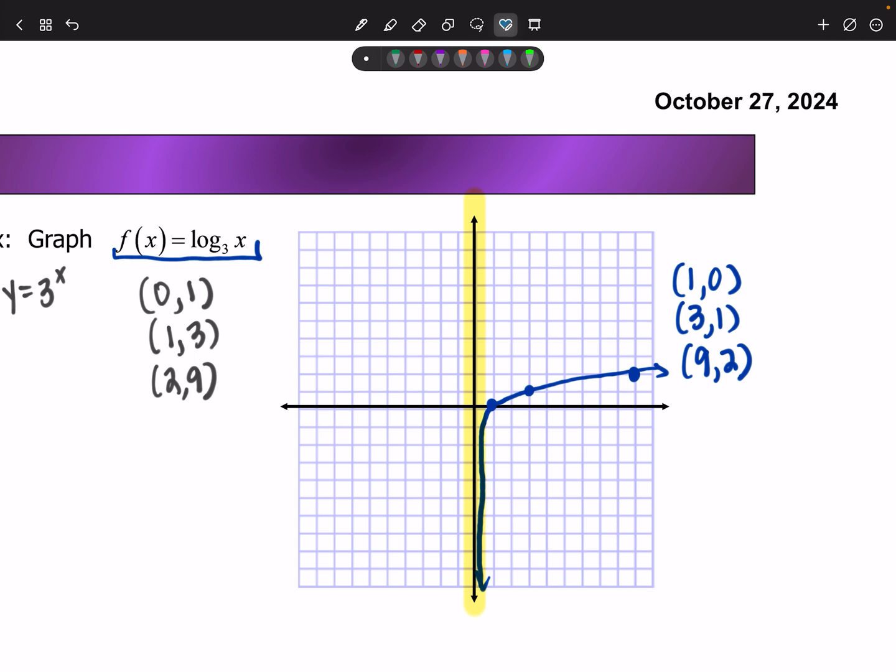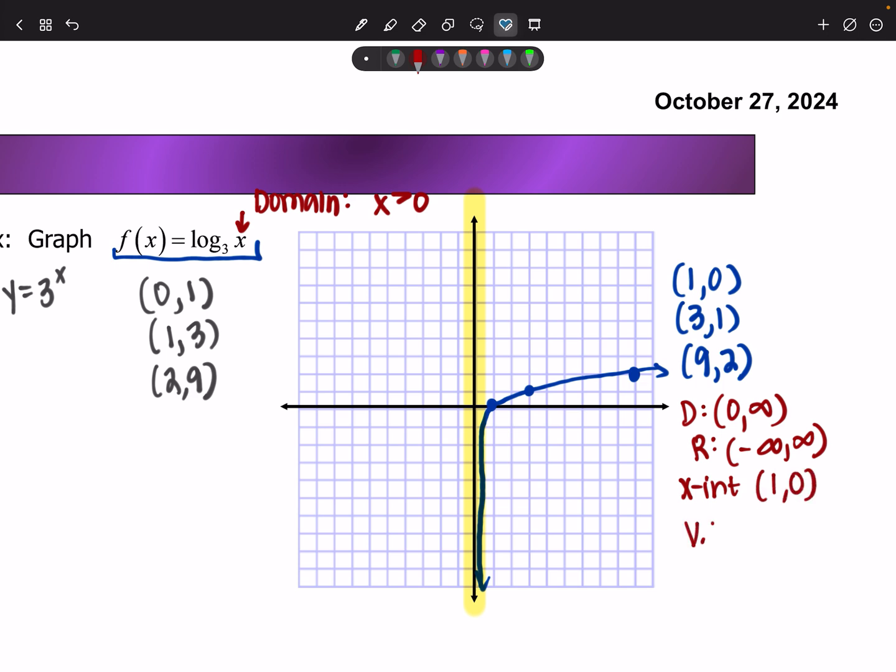It makes sense because the domain has to be x is greater than 0. So our domain would be 0 to infinity. Our range is negative infinity to positive infinity. We have an x-intercept of (1, 0), and we have a vertical asymptote of x equals 0.